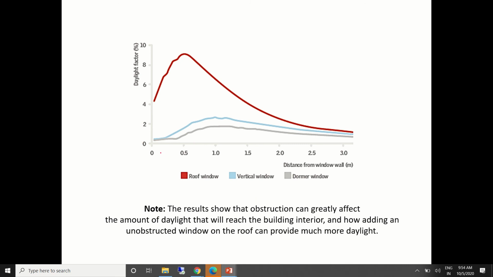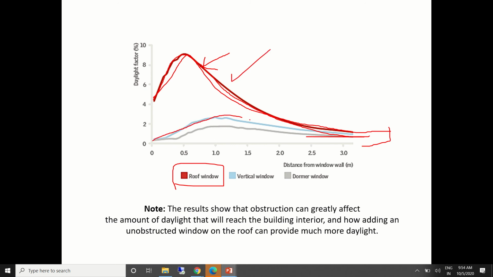There are other things that we should keep in mind. For example, roof window, clerestory window, and regular window have different performance. Normally windows placed on the roof, as we all know, have high potential for daylight. A vertical window will bring in more light because of the elongated surfaces.